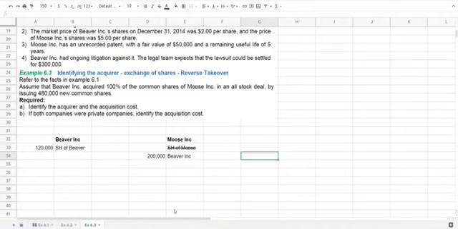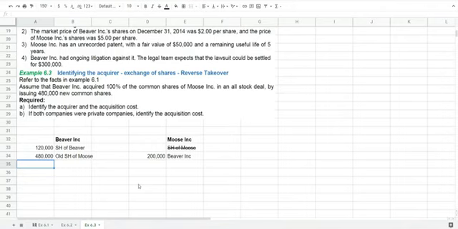Absolutely. So these people that used to be shareholders of Moose, old shareholders of Moose, now become shareholders of Beaver. And these people now own 480,000 of Beaver's common shares.